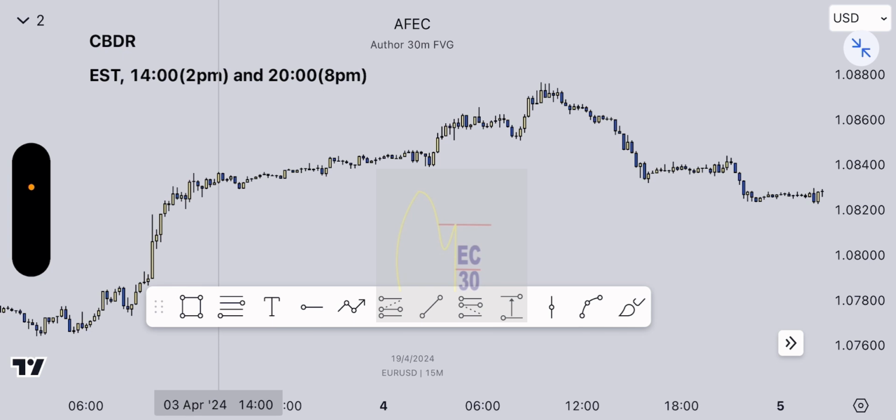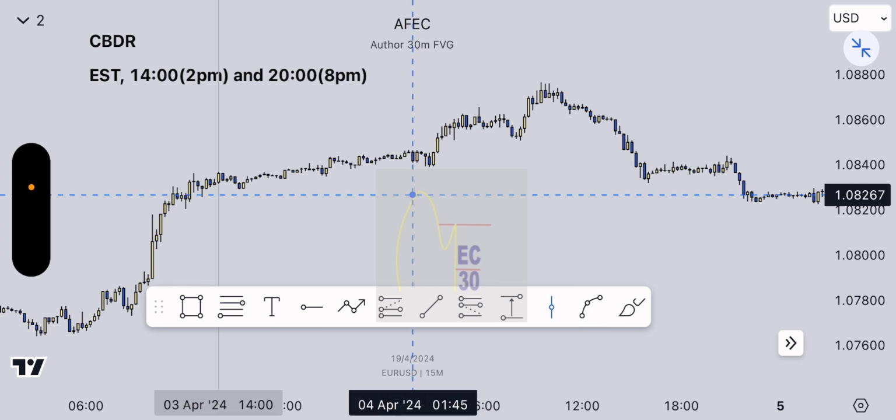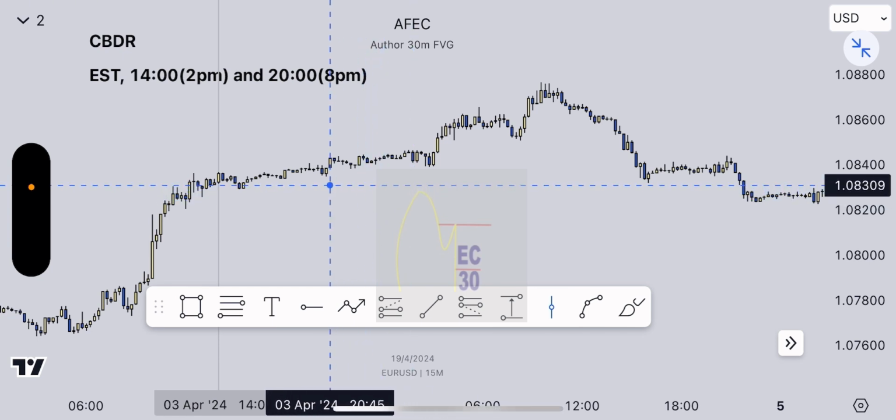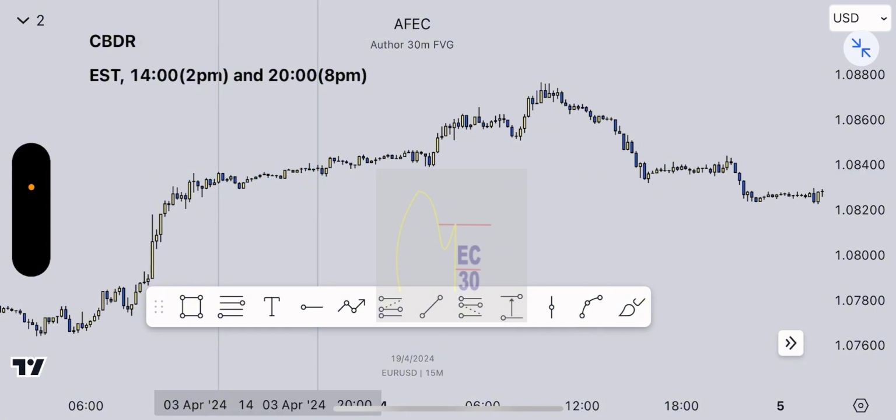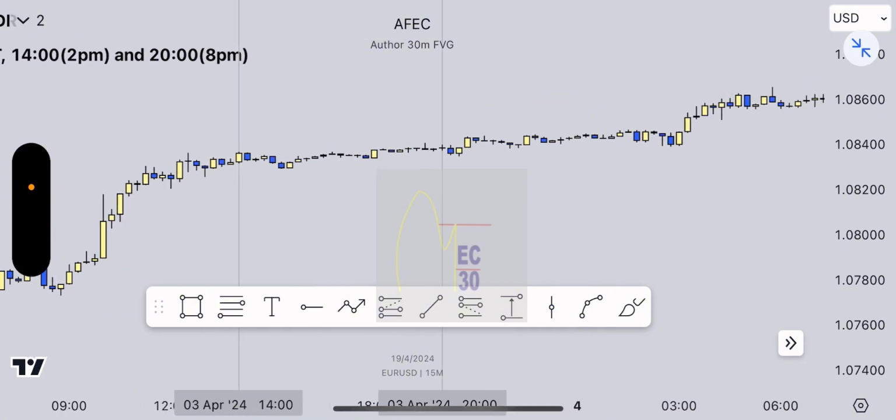We know from the previous day's range to calculate the next day's high of the day or low of the day. So this is 1400, and here is 2000. This is the 15-minute time frame. You can choose any time frame of your choice.